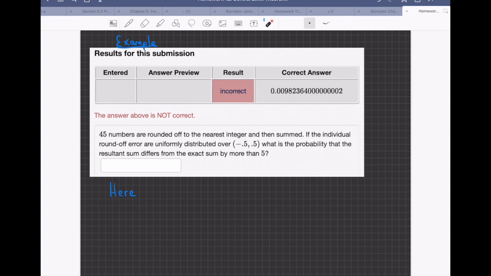45 numbers are rounded off. So here, x1, x2, and so on up to x45 are random variables representing the errors.